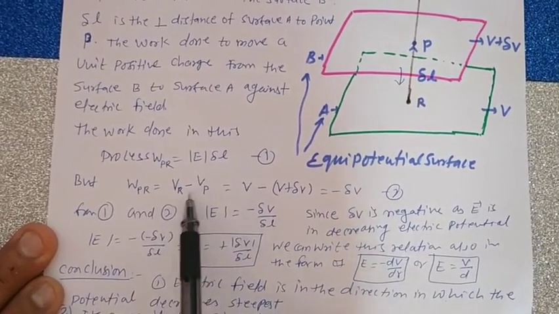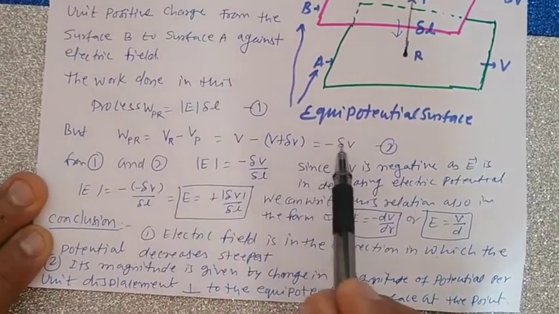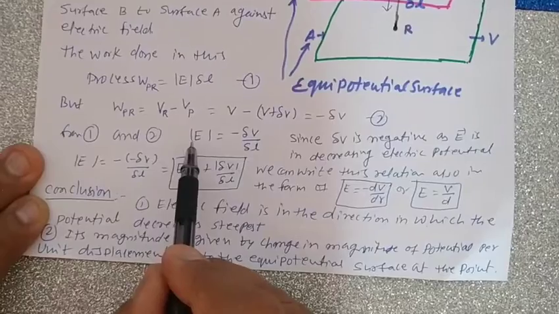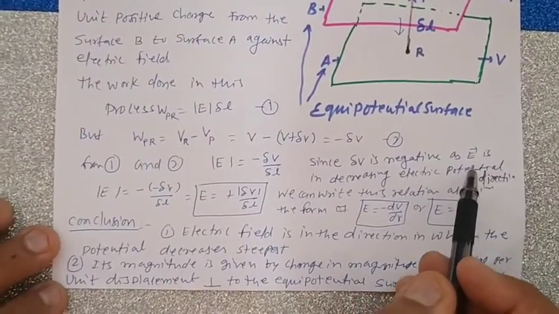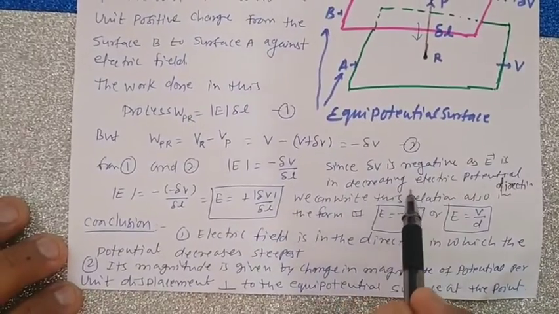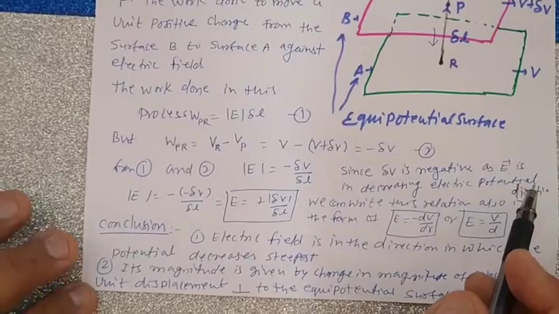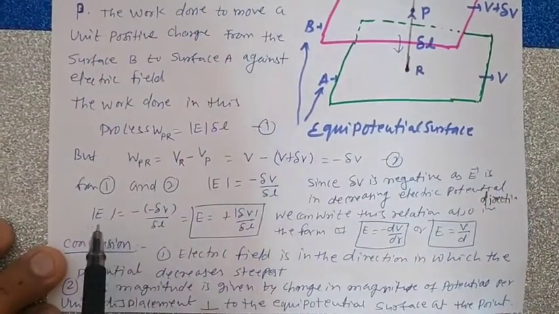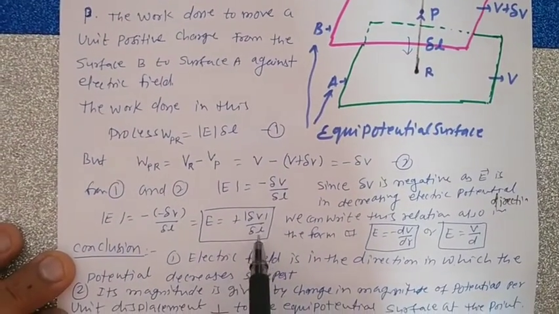But W equals the potential difference, V_R minus V_P. V_R is V, minus V plus delta V, equals minus delta V. From 1 and 2 we get E delta L equals minus delta V. Since delta V is negative, the electric field is in the decreasing electric potential direction. So in this condition delta V is negative. So E equals minus delta V upon dl.